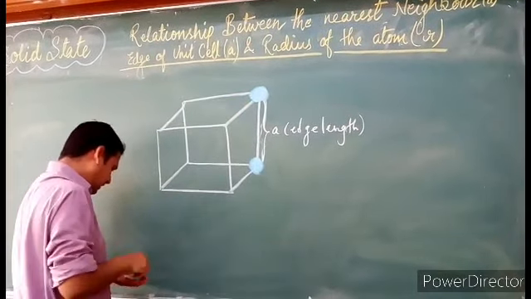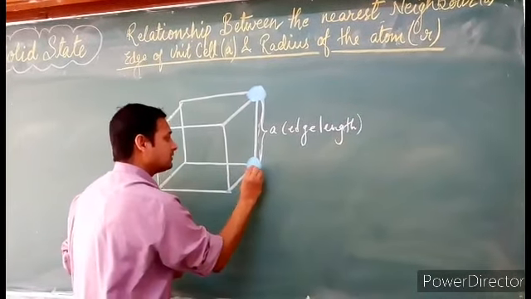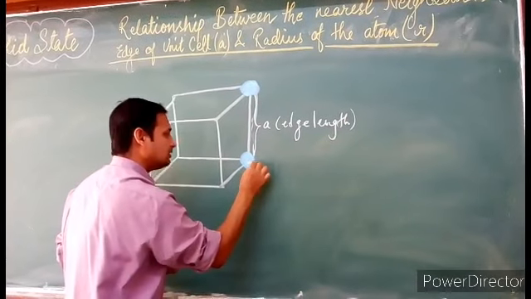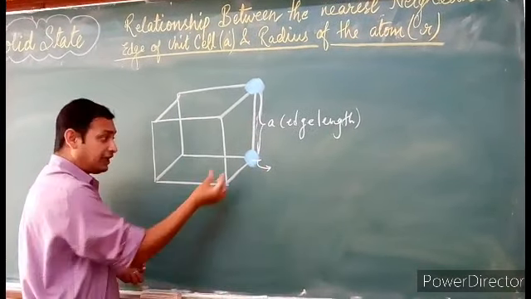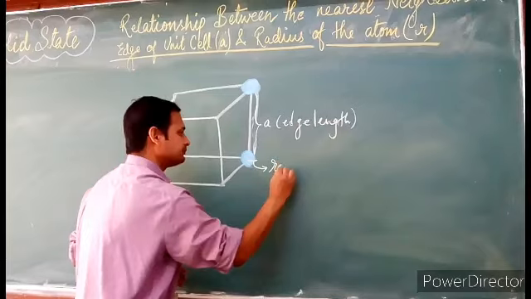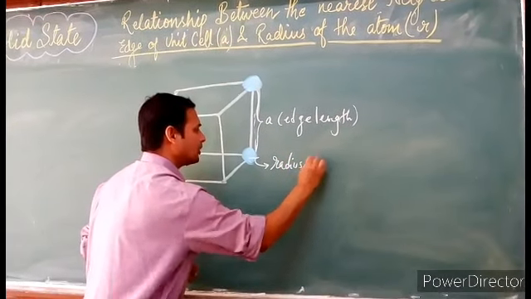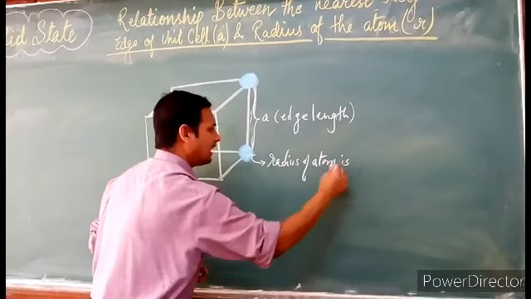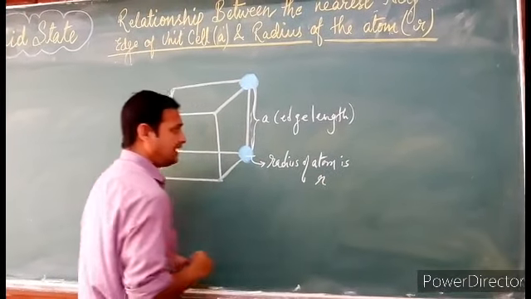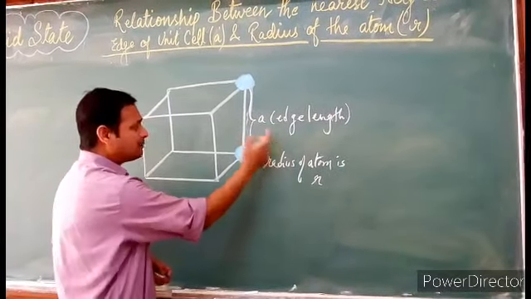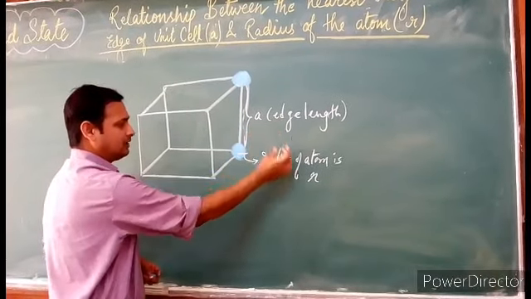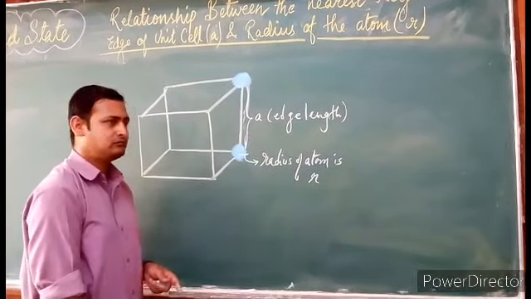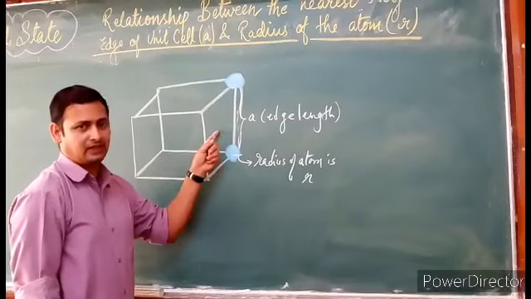So today we are going to study कि suppose the radius of atom is r. Then what is the relationship between edge length and radius of atom in the unit cell?